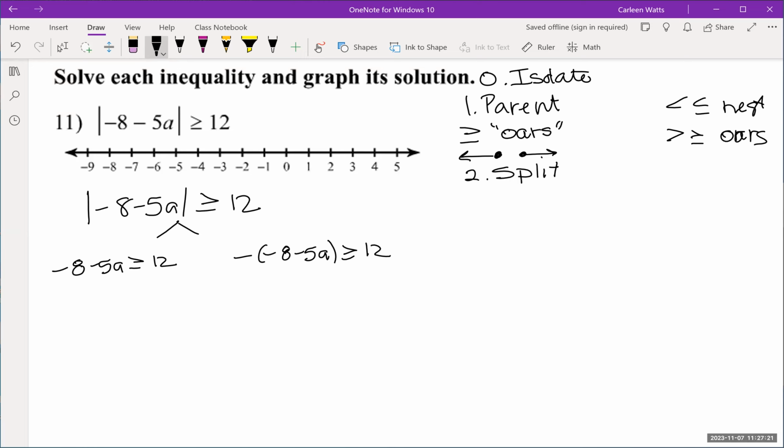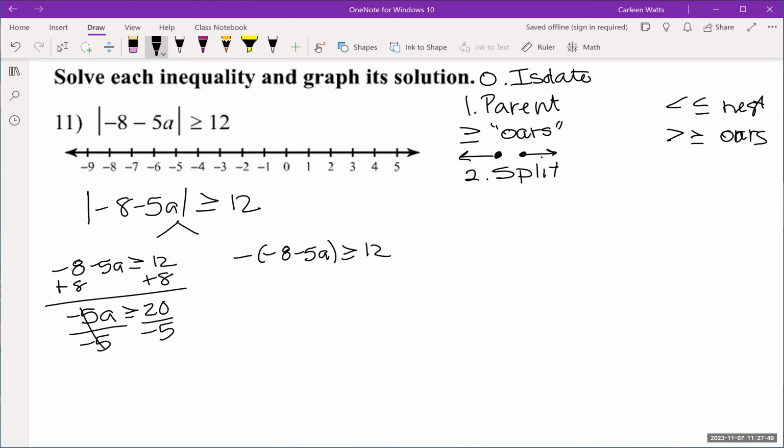Are you with me? Okay. So let's take the left one, add 8 to both sides. -5a greater than or equal to 20. Divide by -5.